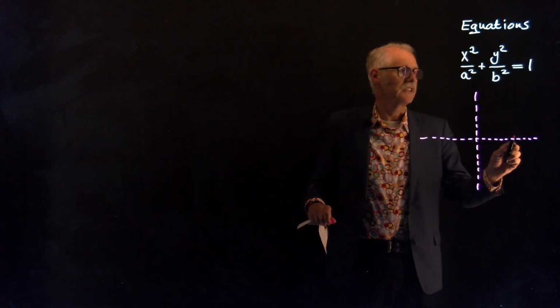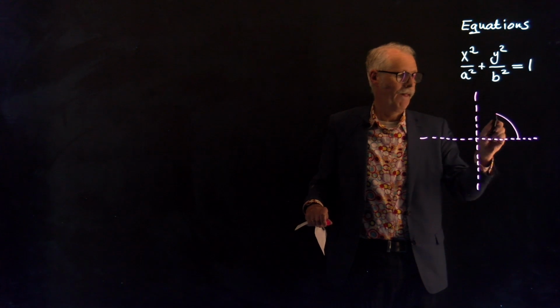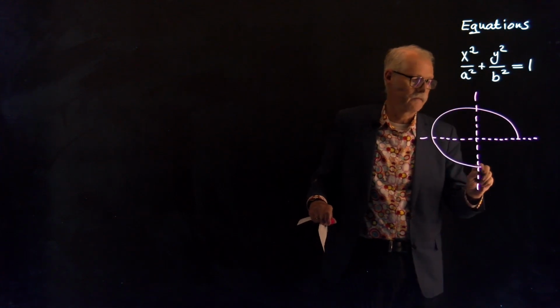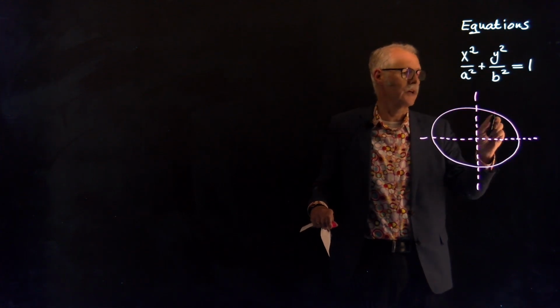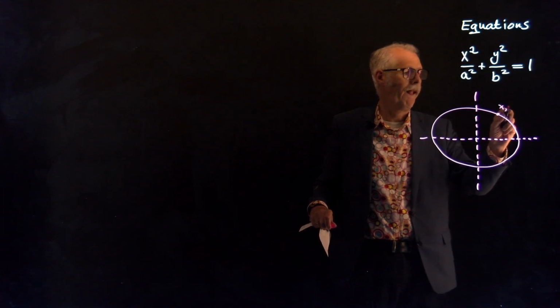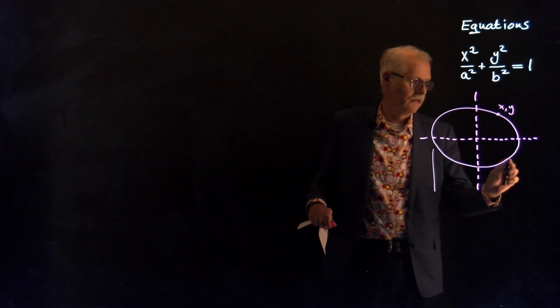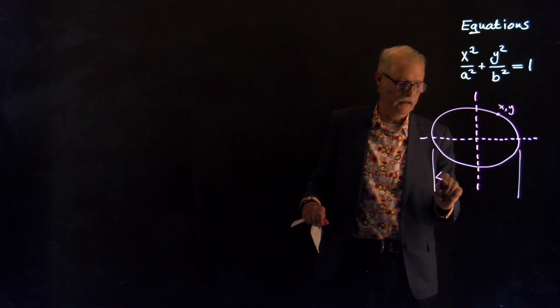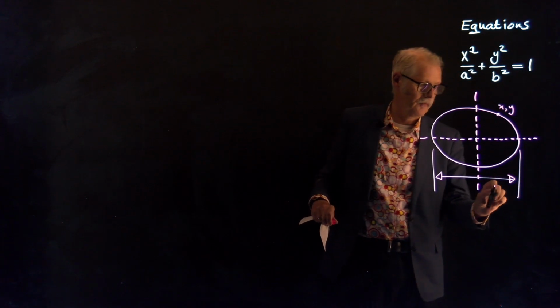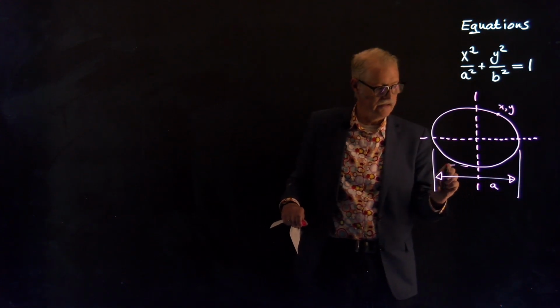Then the ellipse is like this. Each point has x, y coordinates. And again, we have the a and the b. So here we have the equation.